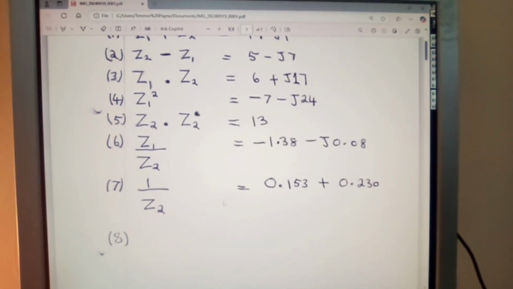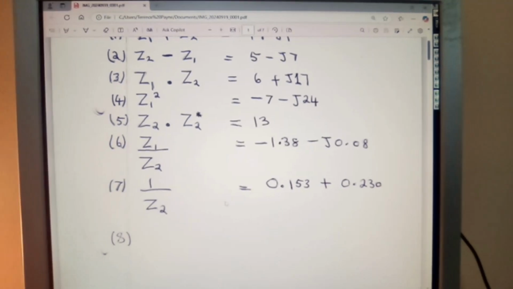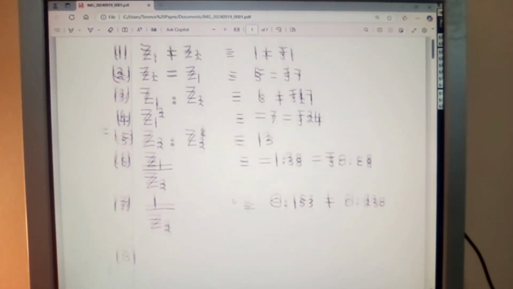There was an 8, but obviously I didn't take it down, so that's something you'll have to go without for now.